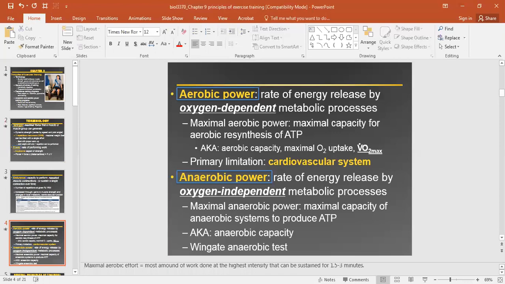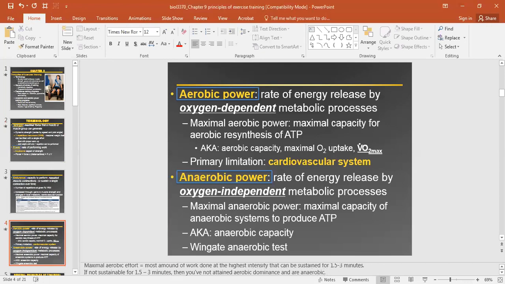If it can't be sustained for at least 1.5 minutes, then it's anaerobic. And if you can sustain it for longer than 3 minutes, then you're submaximal, not maximal. So if not sustainable for 1.5 to 3 minutes, then you've not attained aerobic dominance, I'm going to call it, and are relying on anaerobic pathways to supply ATP.